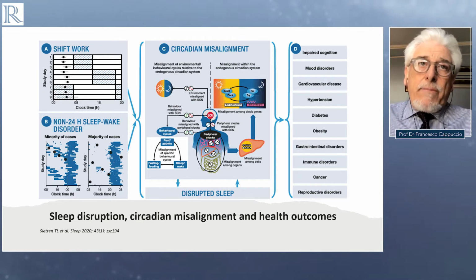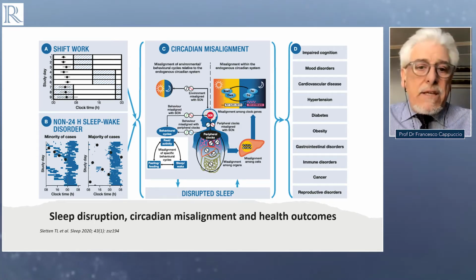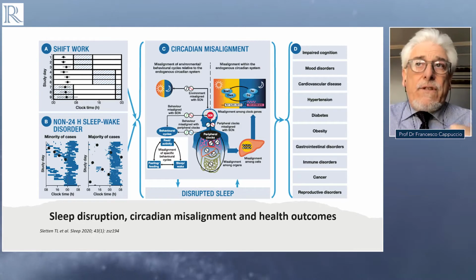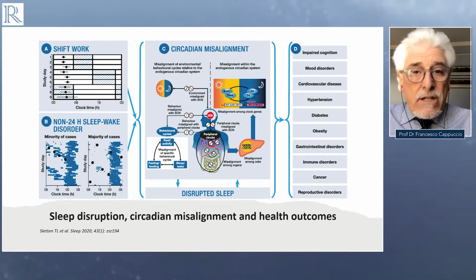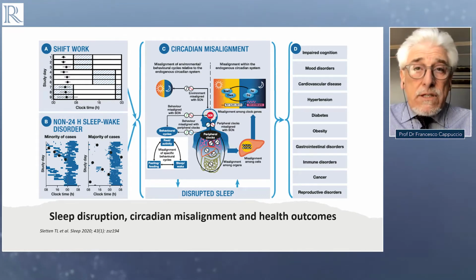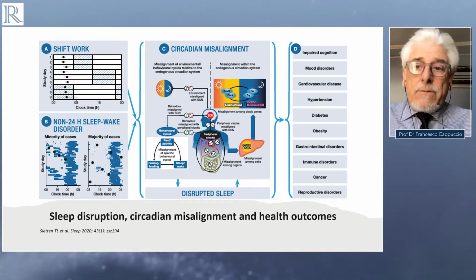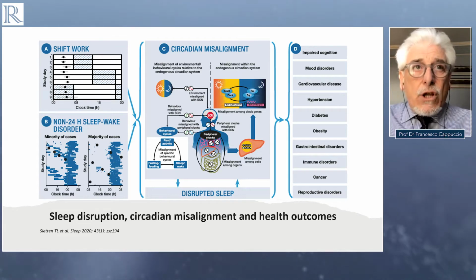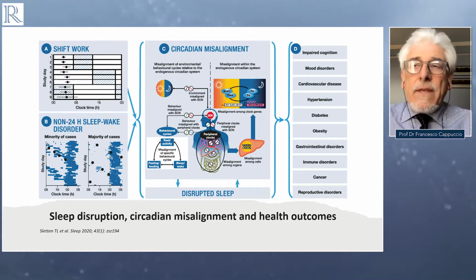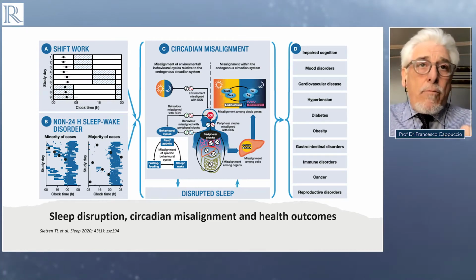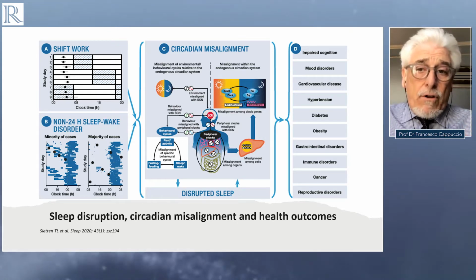The biological consequences can be immediate, like attentional failures, or long-term, and will involve both neurobehavioral mechanisms, like reduced alertness, impaired cognitive function, or lower mood sometimes, but also physiological mechanisms like high blood pressure, glucose intolerance, insulin resistance, weight gain, and reduced immune response. These will have long-term morbidity and mortality implications, particularly for chronic diseases as well.